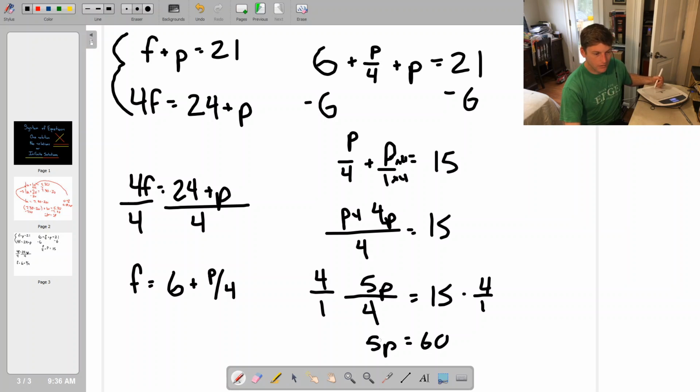I can't get rid of that right now, so we're going to divide both sides by 5. And so we have the pine tree is 12 meters tall. If we already have P now, we can plug that back into our first equation, F plus P equals 21.